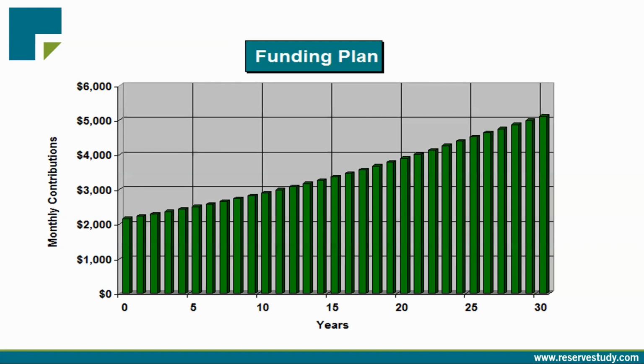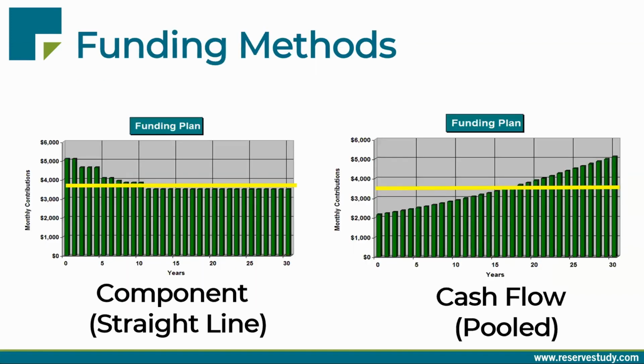This means funds can be used more efficiently than being divided up in all those separate different accounts, one for each component. So when I show them side by side, it's pretty clear. The same net funds go to reserves over the years. It's just that the cash flow method doesn't force associations to pay a steep price in the first few years to rapidly resolve any underfunding.